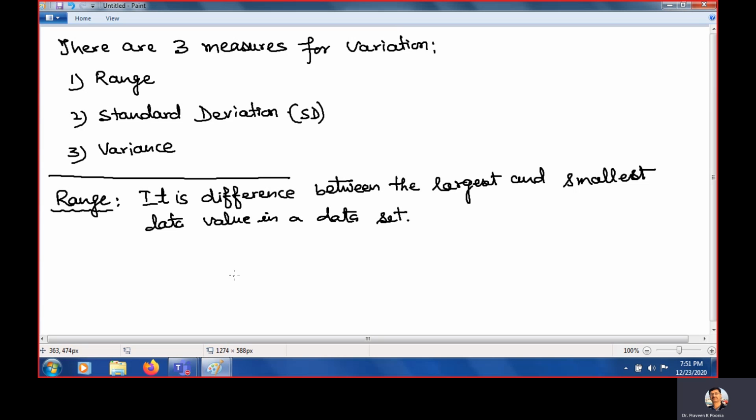If some values are given, then the range is the difference between the largest and smallest.